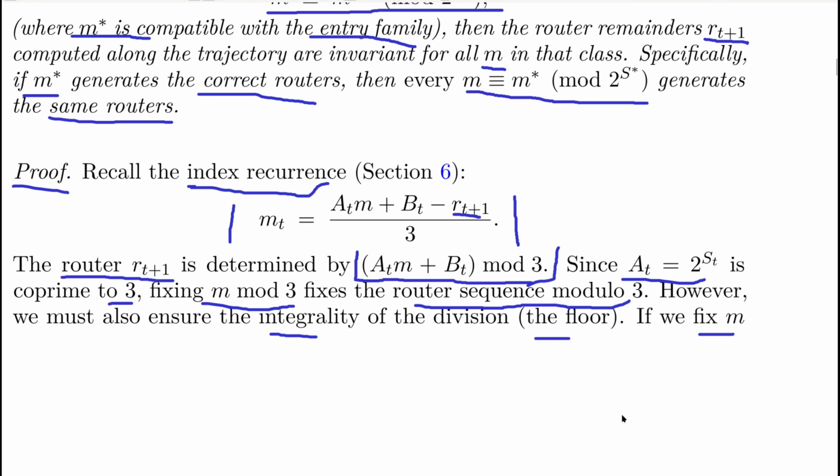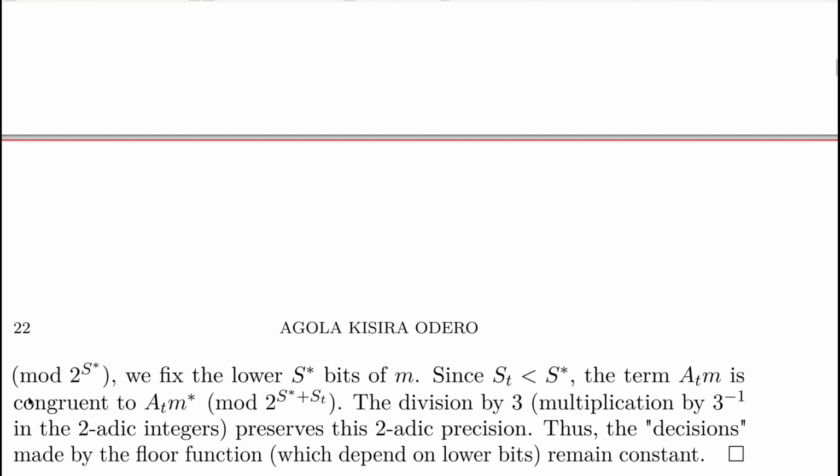If we fix M mod 2 raised to S star, we fix the lower S star bits of M. Since S_T is less than S star, the term A_T times M is congruent to A_T times M star mod 2 raised to S star plus S_T.